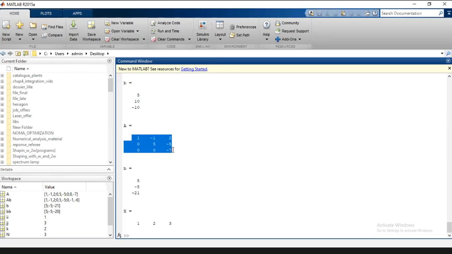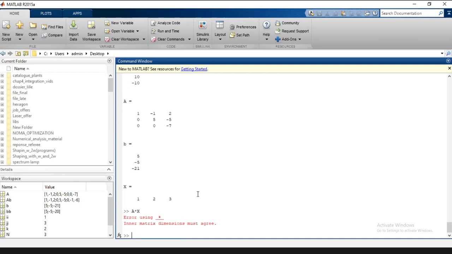This is the triangular matrix, and this is the B after the triangular matrix, right? And this is the X that is the solution of the problem. Now if you make A multiplied by X, sorry, here X is a vector line.